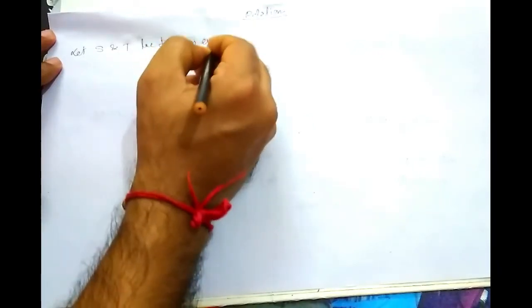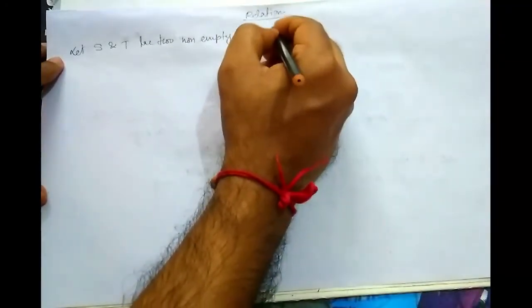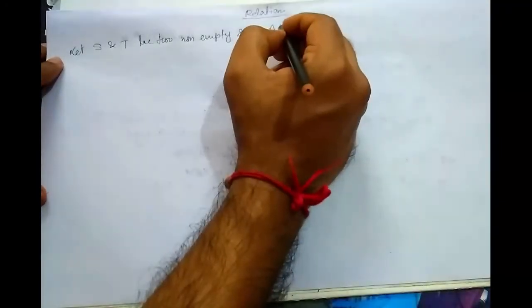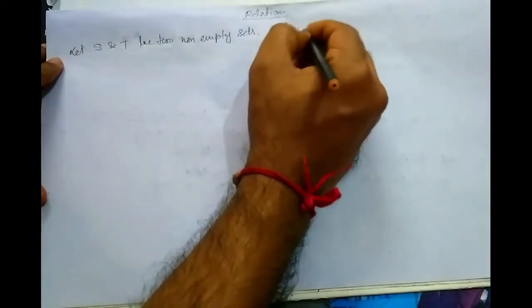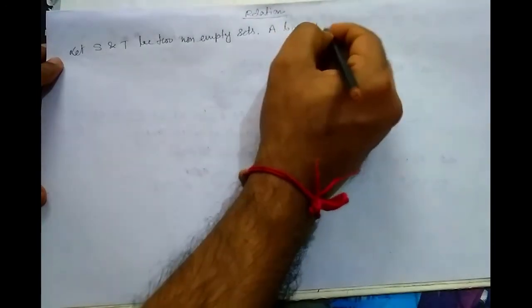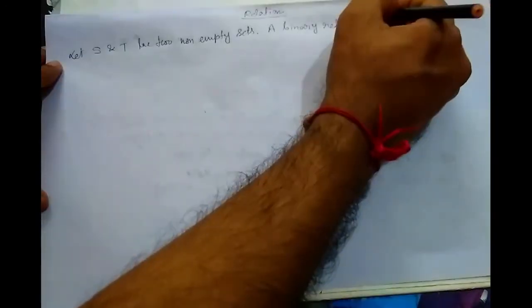Let S and T be two non-empty sets. Okay, a relation, or we call a binary relation, a binary relation rho.